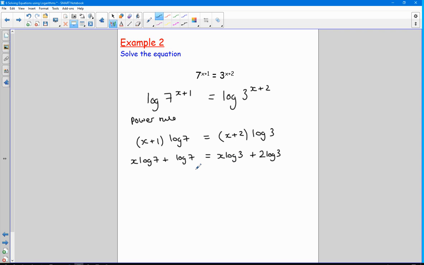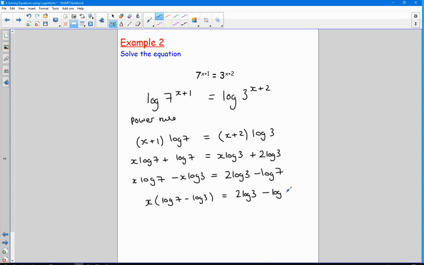So let's take this away from both sides and take this away from both sides. So I end up with x log 7 take x log 3 is equal to 2 log 3 take log 7.